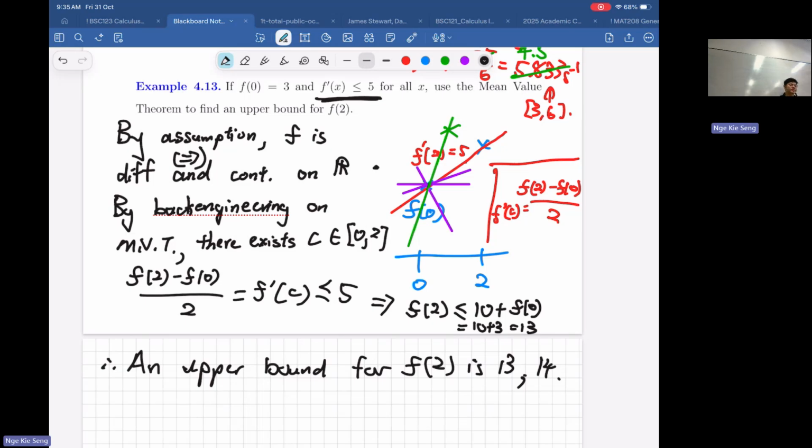An upper bound is a number that's greater than or equal to f2. Can I put 14 or not?